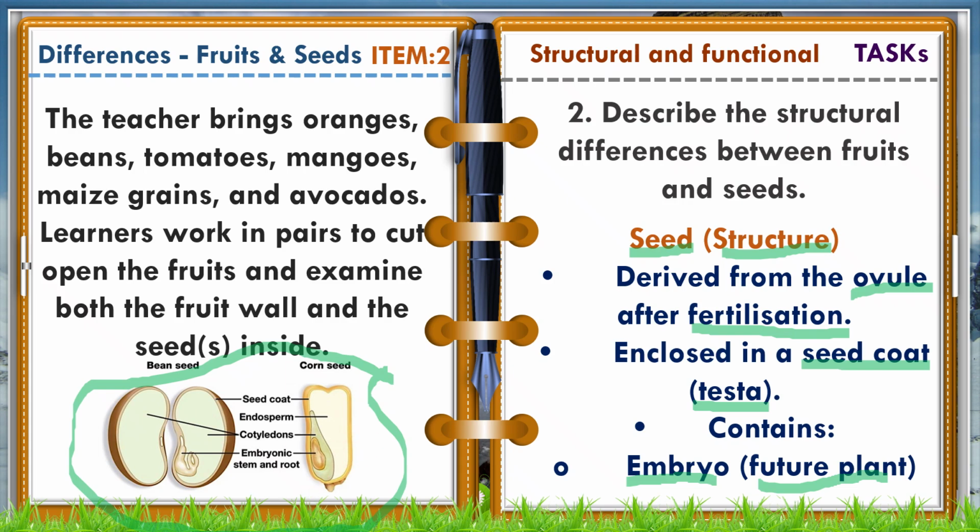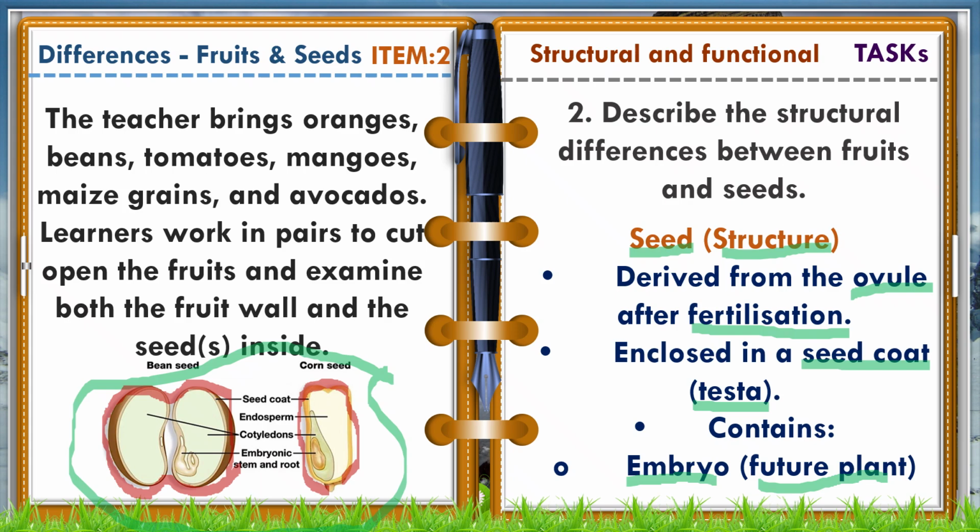The outer layer of the seed is what we refer to as the seed coat. And then we say it contains the embryo, which is the future plant.